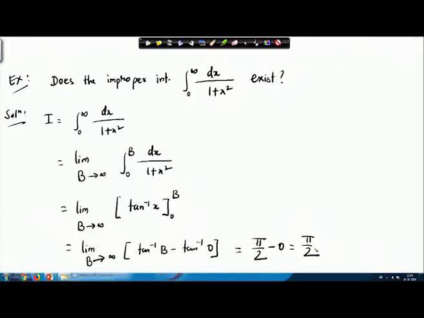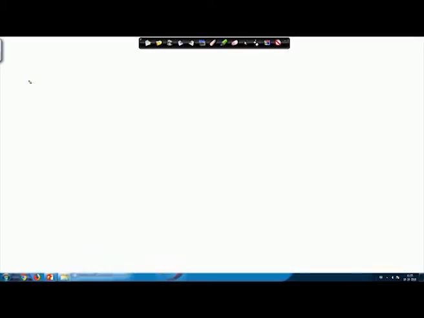and therefore, this improper integral converges, or it exists. So, from here we can say that I exists, or I is convergent. All right. So, this was a fairly simple example to verify. Next, let us consider an example of type 1.